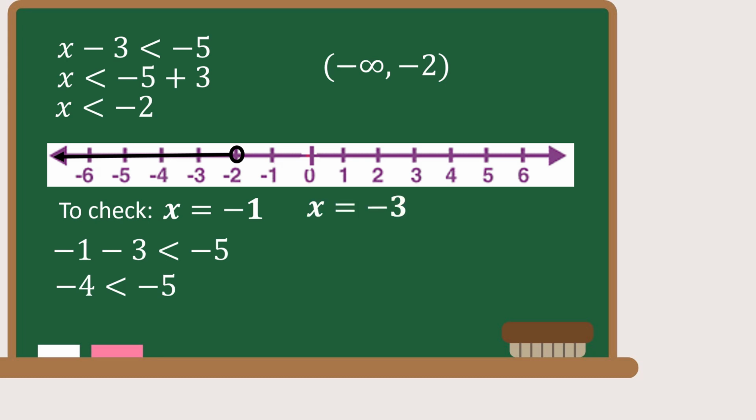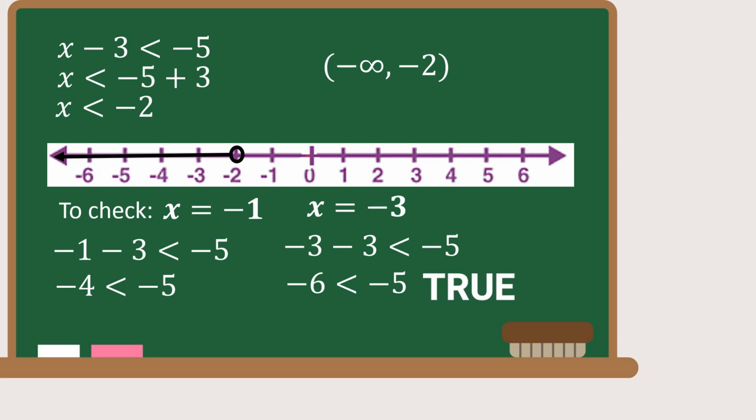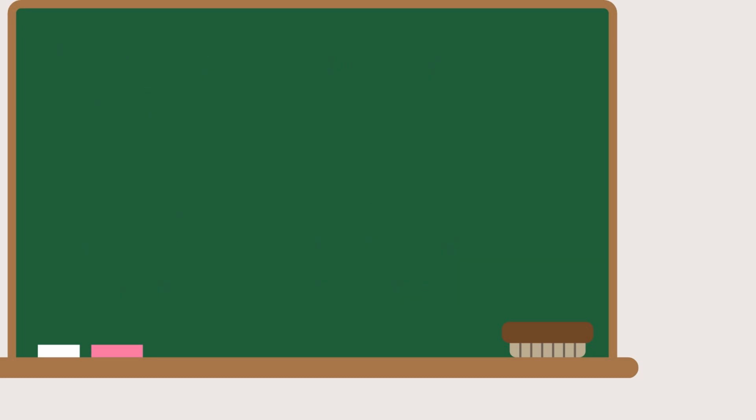Next, we will use negative 3 as the value of x. Substituting into our original inequality, we have negative 3 minus 3 is less than negative 5. Negative 6 is less than negative 5. Is it true or false? It's true. Therefore, our solution is correct.